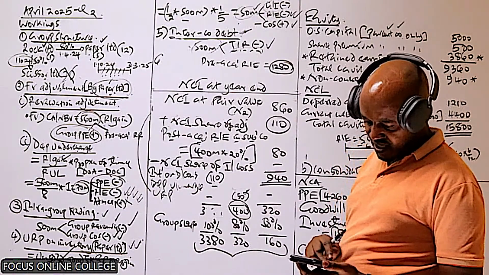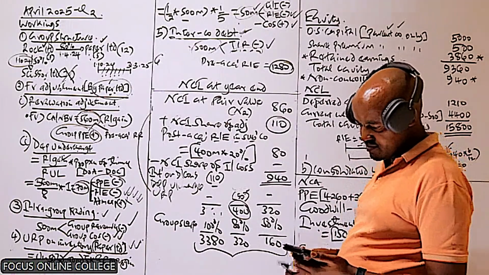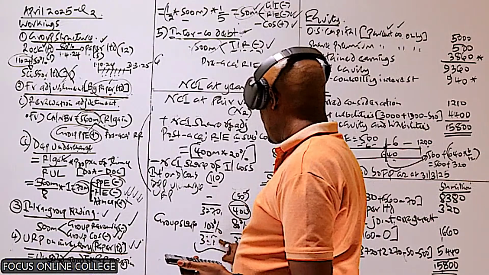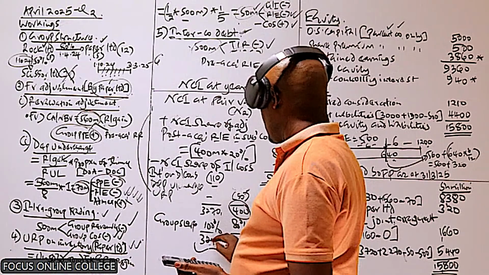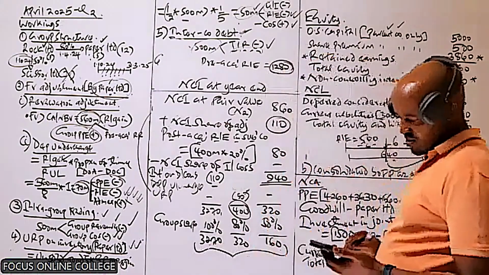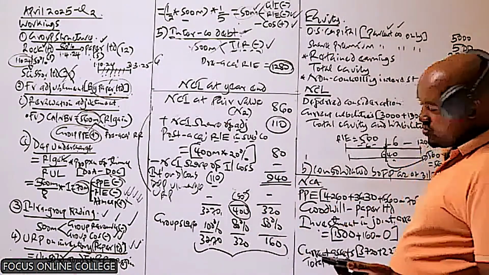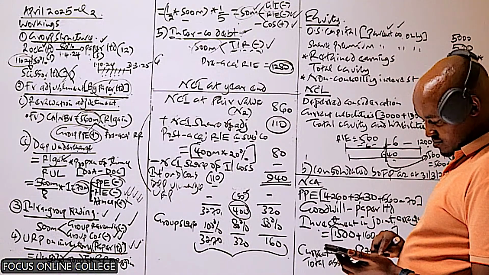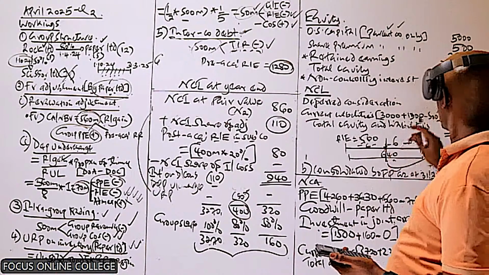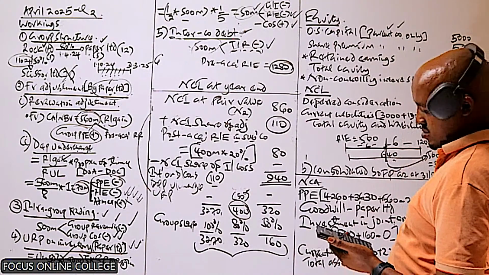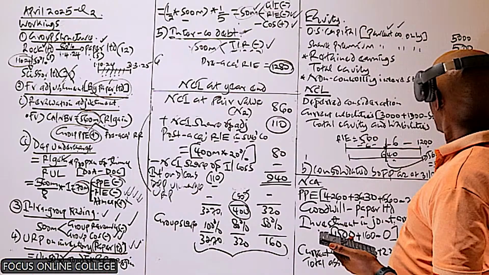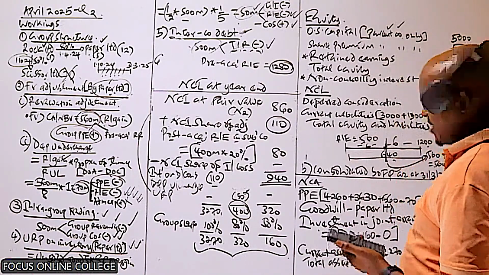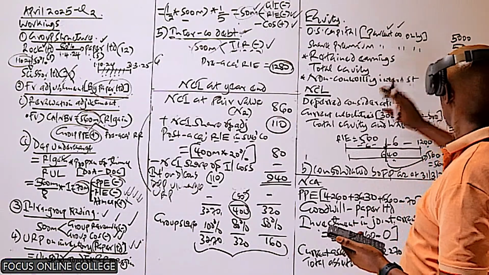33, 80 minus 110. So now this one should be 32, 70. And the retained earnings should be 37.50.